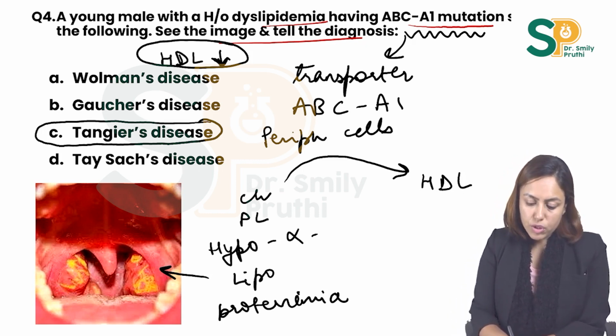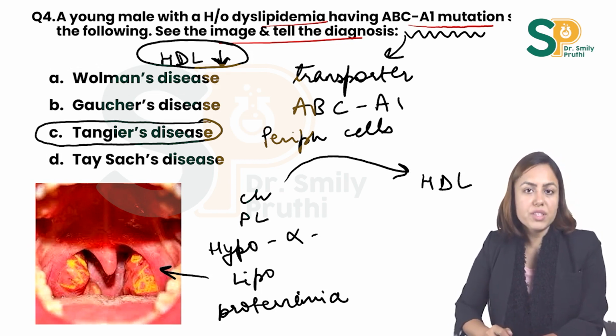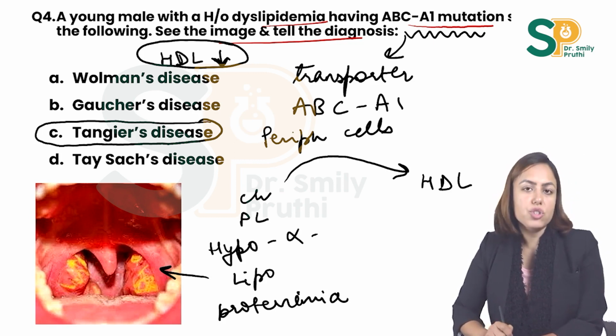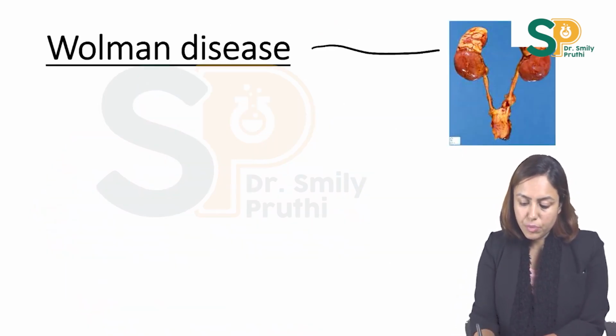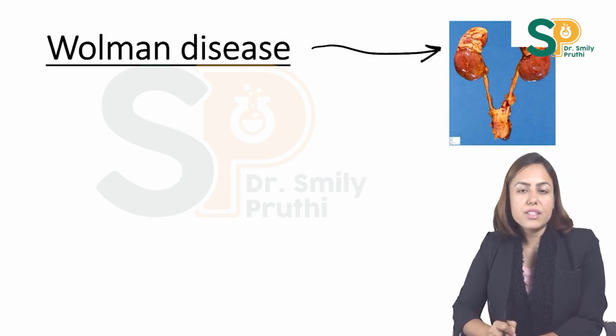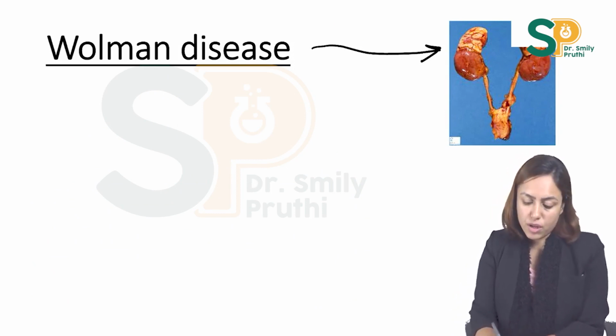Now, another option A is Wolman's disease. Can you tell me what is typical of Wolman's disease? For Tangier disease, the typical image is orange-yellow tonsils. But for Wolman's disease, the typical picture is calcification of adrenals. This picture will be used in your image-based question if a Wolman disease question is asked.